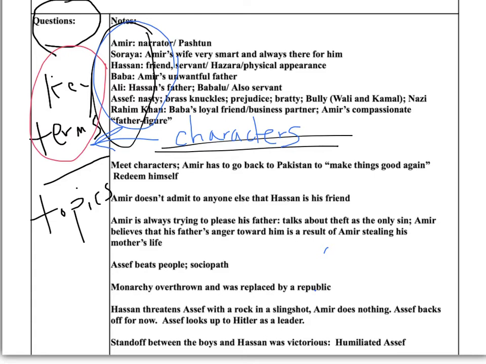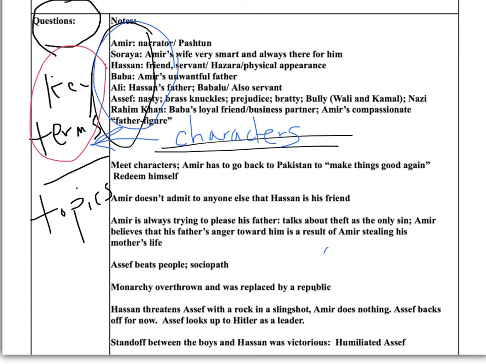Like Amir, he's the narrator. He's the narrator of the book, and he's a Pashtun. That's his ethnic background. That's his socioeconomic standard of living. Whereas Hassan, who is his best friend and servant, he's a Hazara, and he comes from a lower income.